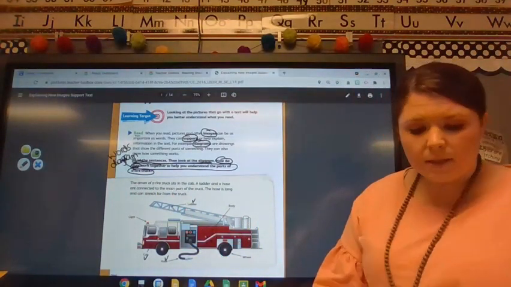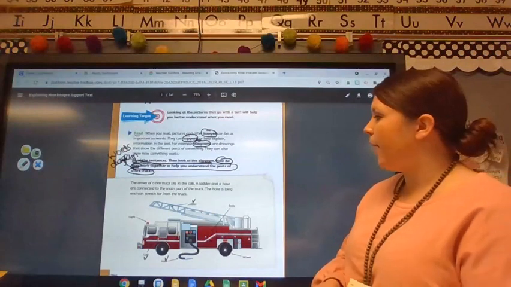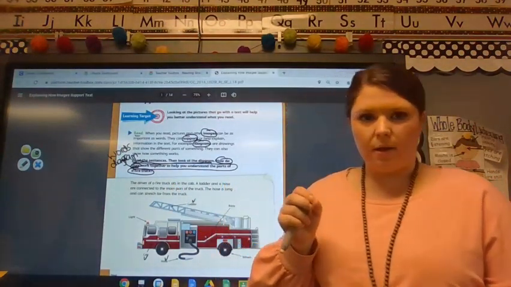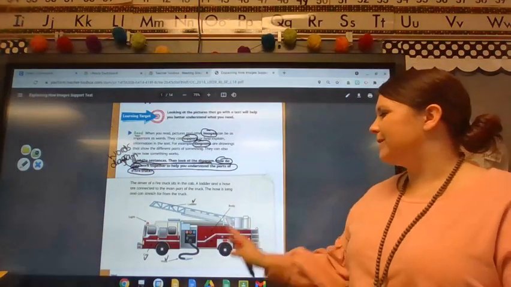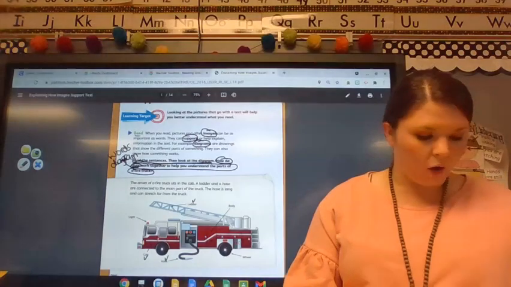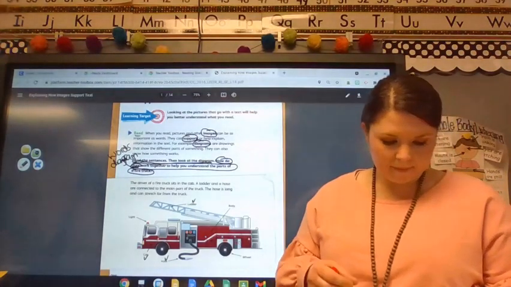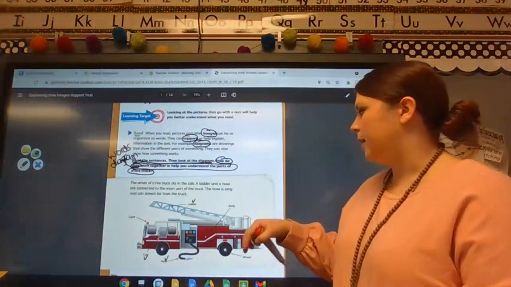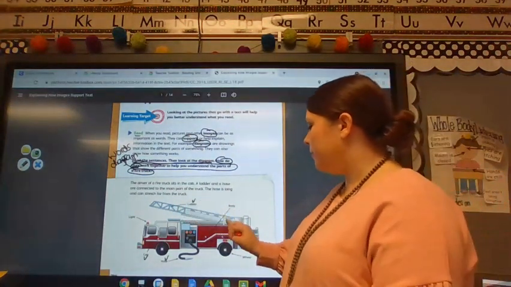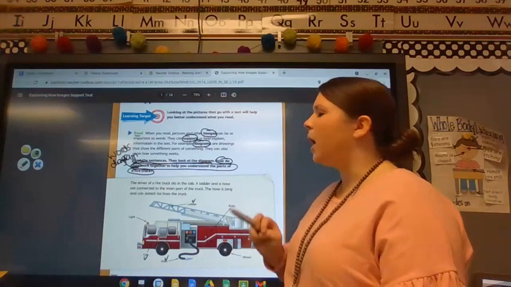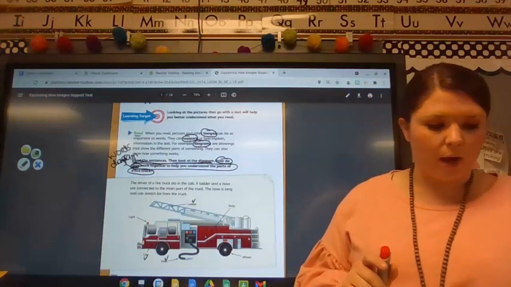Okay? So here in the text, it told us about the main part of the truck, didn't it? In our diagram, what is the main part of our truck called? It's called the body. See, the ladder and the hose are connected to the body of the truck, okay?